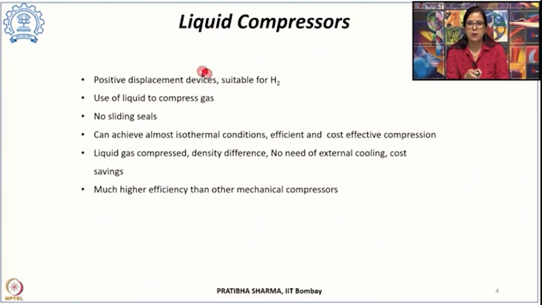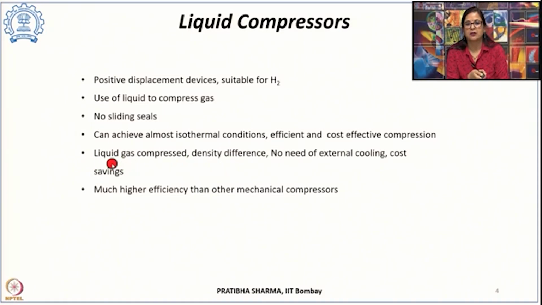Now in this type of compressor, both the liquid and gas are compressed together in a chamber, and since the densities of the liquid and gas are different, and at the same time their heat capacities are different, during the compression whatever heat is produced is absorbed by the liquid.